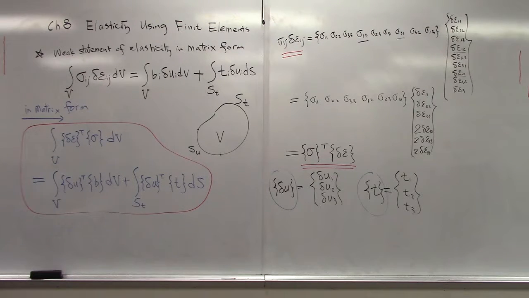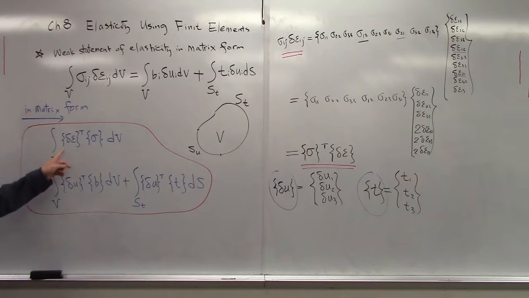This is the matrix form of the weak statement that we derived in the last two lectures. Okay? These two are completely equivalent.